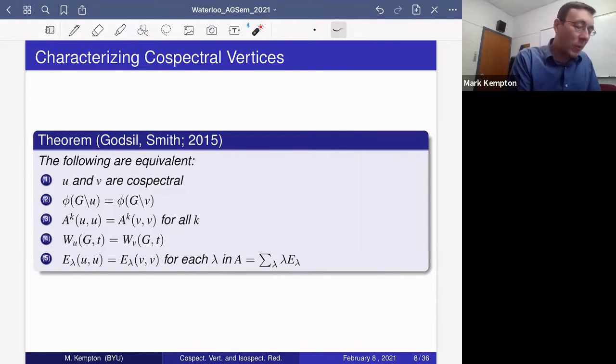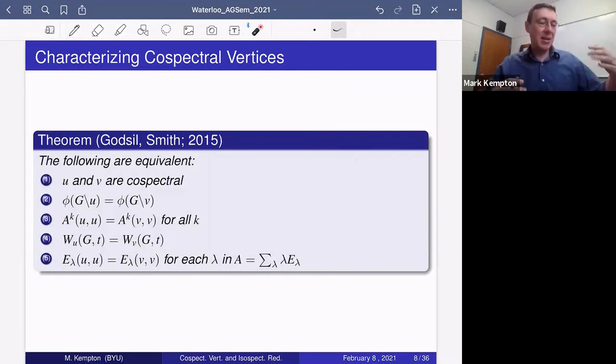And this list could go on, I could include more things in this list. There are various other results. If U and V are cospectral, there's some orthogonal matrix that commutes with the adjacency matrix that interchanges U and V. And there are lots and lots of statements that are equivalent to two vertices being cospectral to each other. But I feel like the question is still maybe a little bit open in terms of what does this mean?